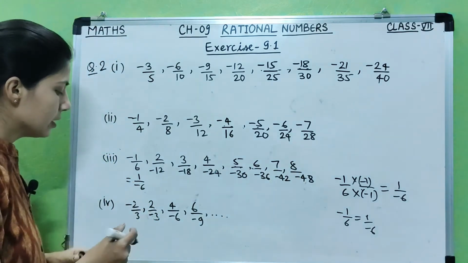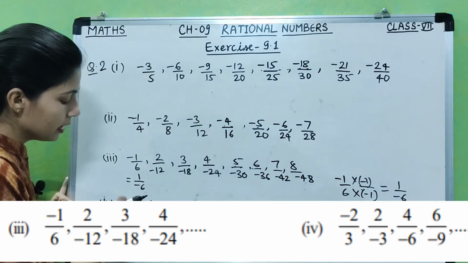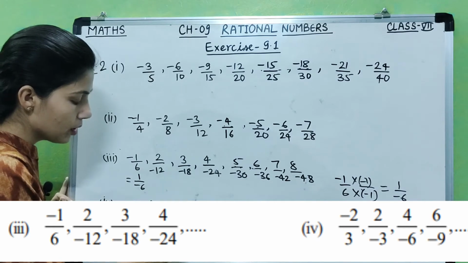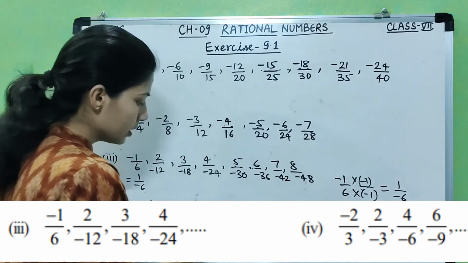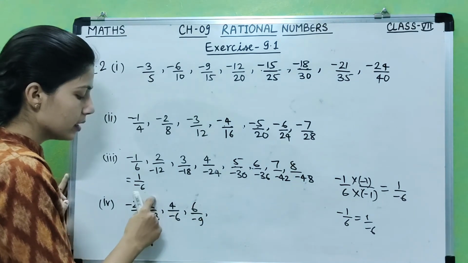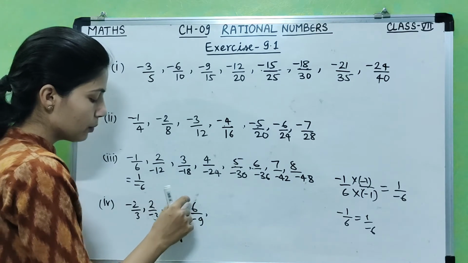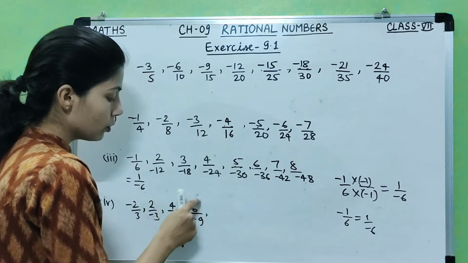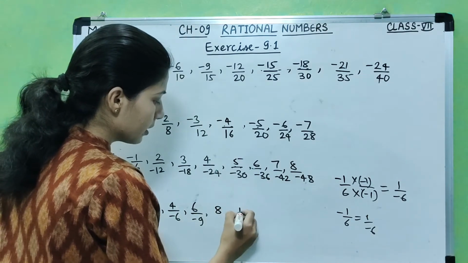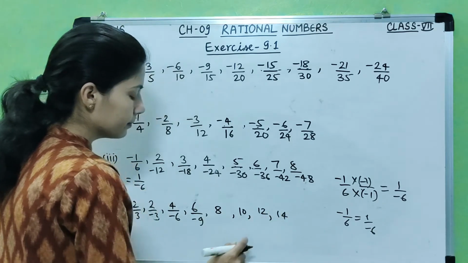Okay, now see this part. The first term is -2 upon 3, next is 2 upon -3, 4 upon -6, 6 upon -9. So see, 2, 4, 6, these are the multiples of 2. Okay, these are the multiples of 2. So 2 1s are 2, 2 2s are 4, 2 3s are 6. Next will be 8, then 10, then 12, then 14.